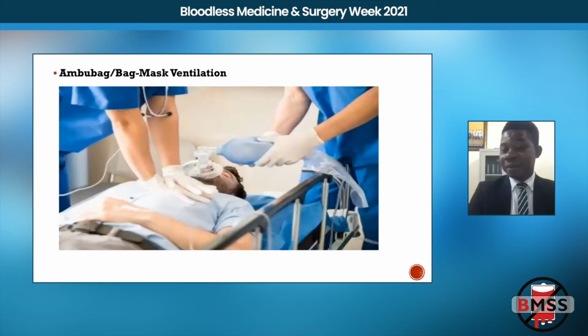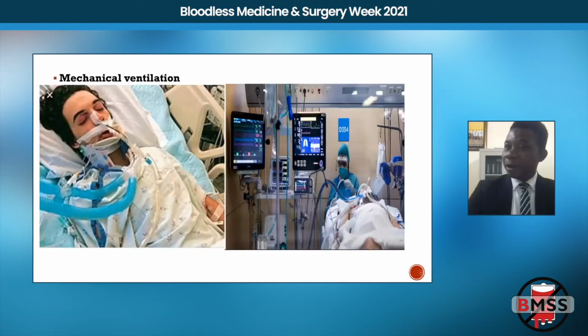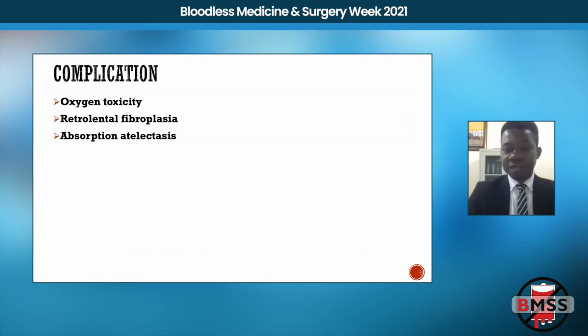We can also use bag mask ventilation to deliver oxygen to the patient, especially when we are doing cardiopulmonary resuscitation. We can also give the patient oxygen through a mechanical ventilator. Oxygen also has some complications. The patient can develop oxygen toxicity, or can end up having retrolental fibroplasia or absorption atelectasis.